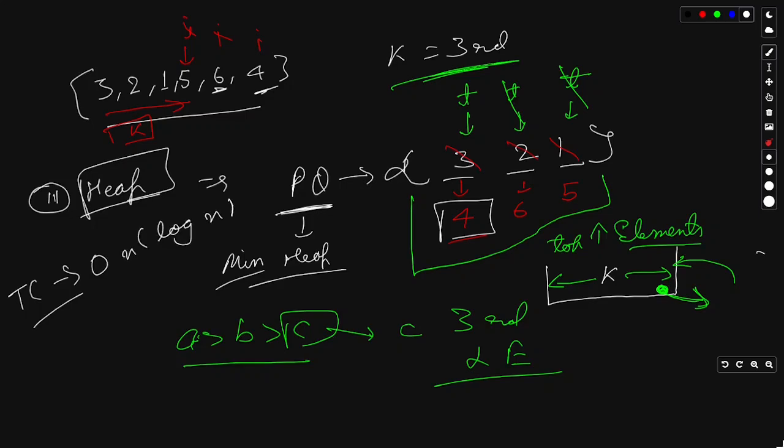Space complexity will be k, because we are using a priority queue of size k. So there is obviously some space that we are using aside from the input, and that's all there is to it.